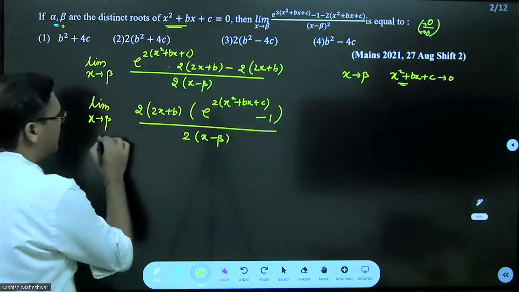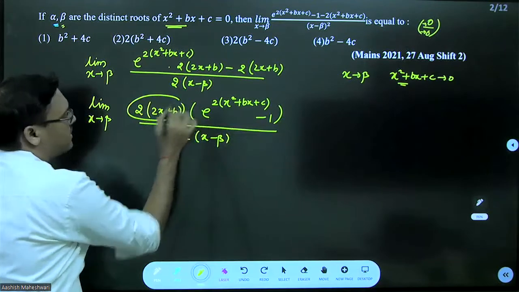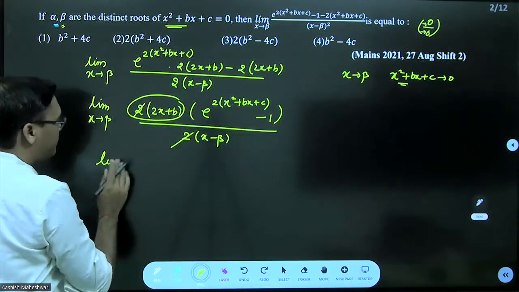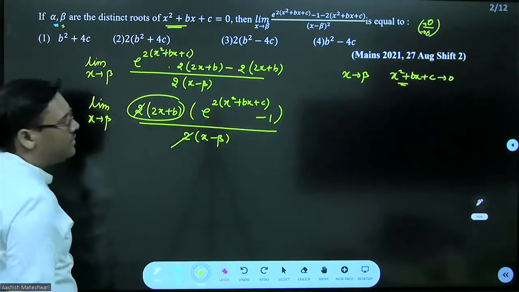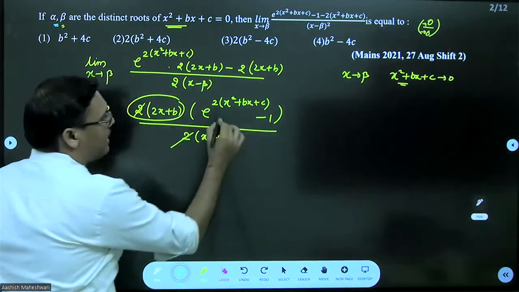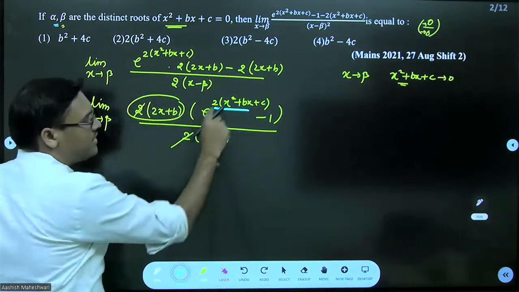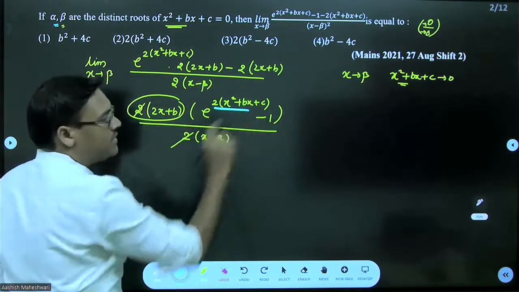Now see, as x approaches beta, इस term को कोई problem नहीं है, ठीक है? ये तो 2 तो cancel ही कर दो. This term has no problem. So this is 2 beta plus b. If you just observe here, as x approaches beta, this term is approaching 0. So this is e raised to something where something is 0, minus 1, right?